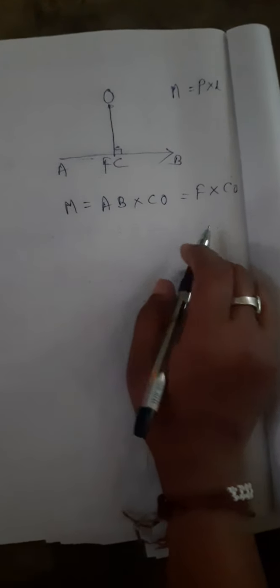We have drawn this. Now how will we represent it? Suppose this point is C. Moment equals AB into CO, that is force F into CO.